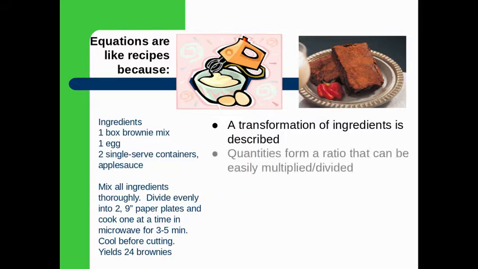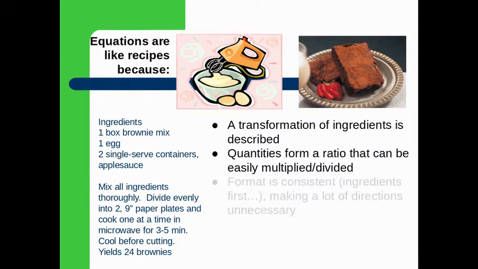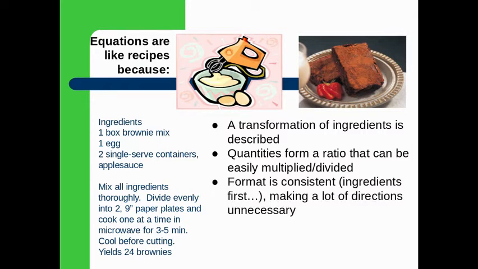The quantities that we use form a ratio that can be easily multiplied or divided. So if we wanted to double this recipe, we would have 2 boxes of brownie mix, 2 eggs, and 4 cups of the applesauce. The format is consistent. We see the ingredients first.